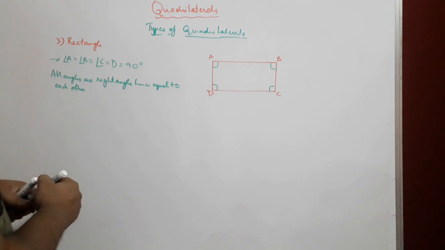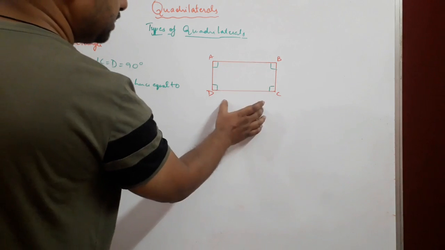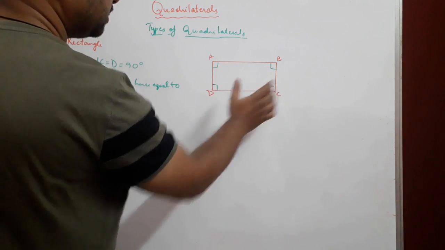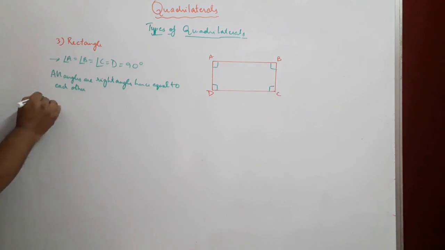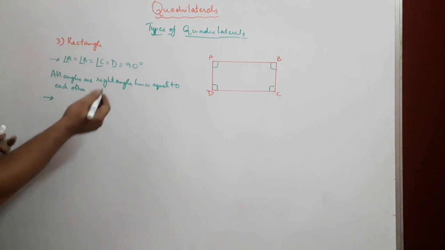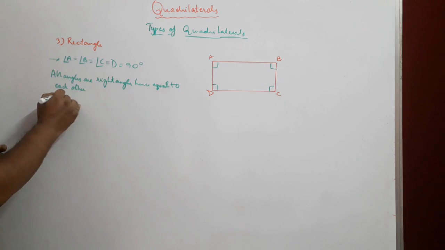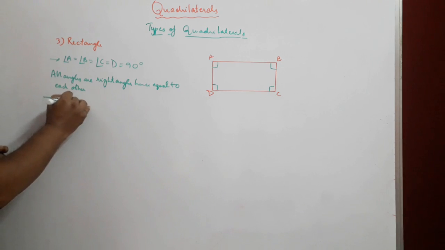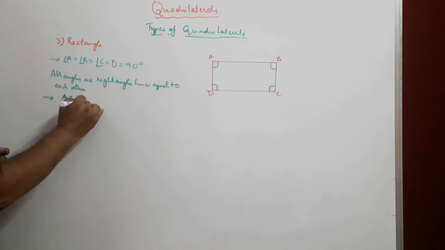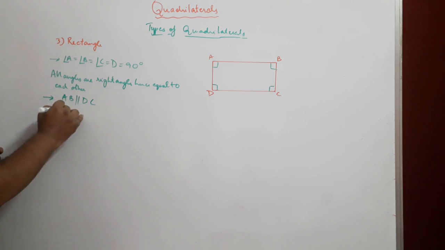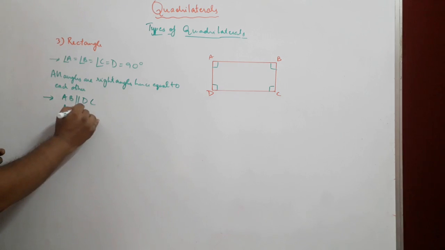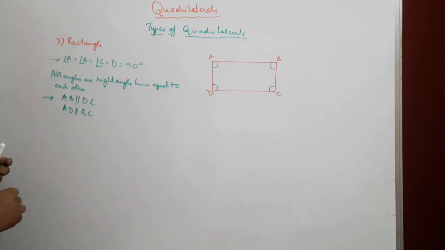Okay, that is one property of a rectangle. Another property of a rectangle, if you notice, is AB is parallel to DC and AD is parallel to BC, just like a parallelogram. It's a type of parallelogram.